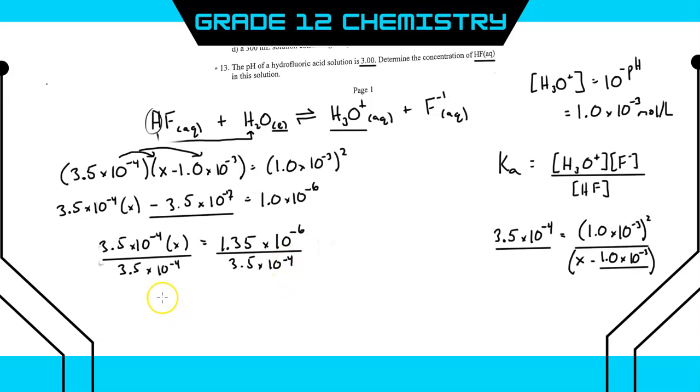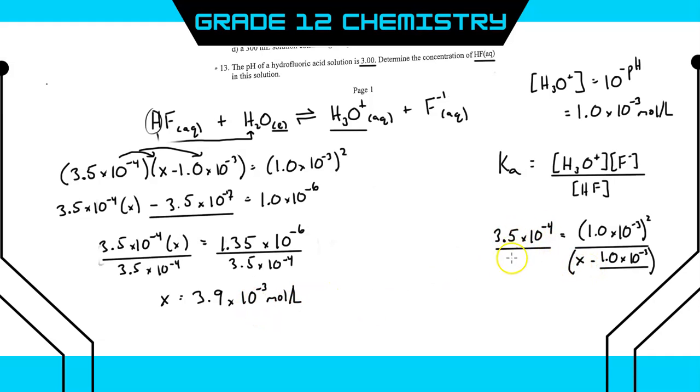Now hopefully we haven't lost sight of what x actually is and what we're solving for, but x turns out to be 3.9 times 10 to the minus 3 moles per liter. So definitely it was a good thing we never dropped this value, because that is too close to our Ka value.